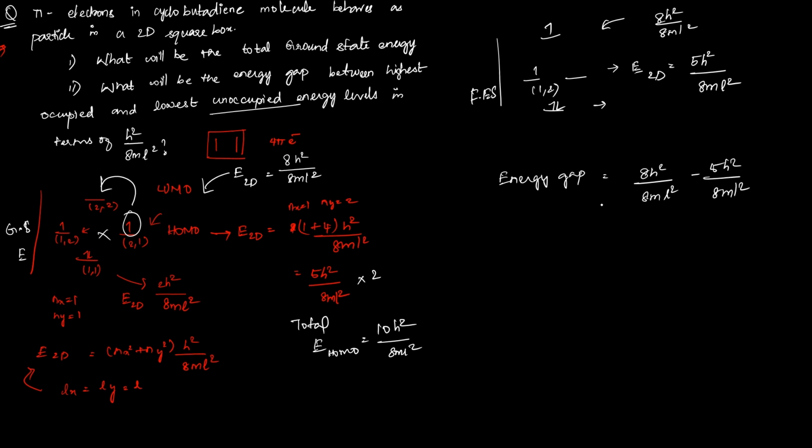So ரெண்டு எனர்ஜிஸையும் வந்து subtract பண்ணிங்கனாலே போதும். This is going to be equal to 3h square by 8ml square. Okay, so values ல இருந்து h square by 8ml square கொடுத்துட்டாங்க. So your energy gap is going to be equal to 3.